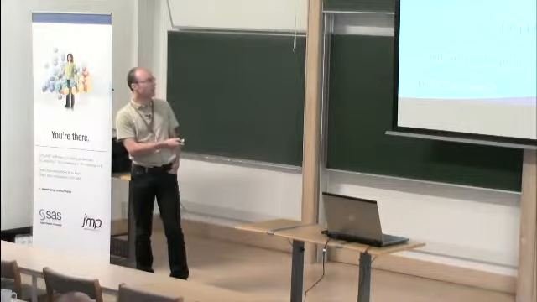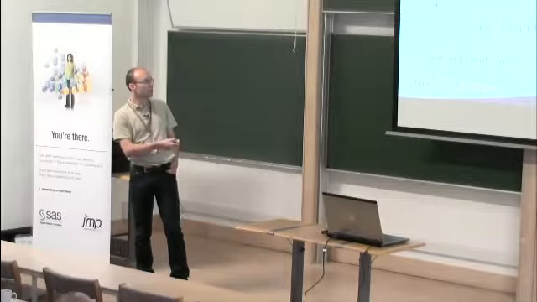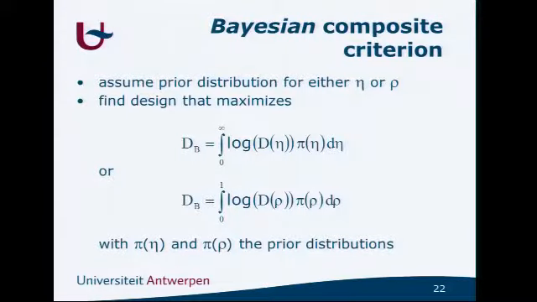But otherwise, the second criterion here is the same. We try to maximize the average log of the composite criterion d of rho evaluated over the prior distribution. So that's the Bayesian composite criterion that we use.